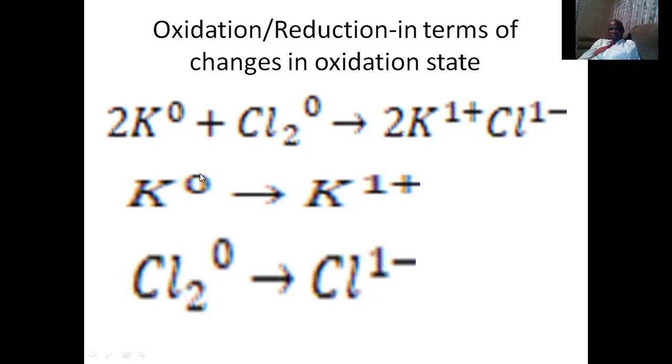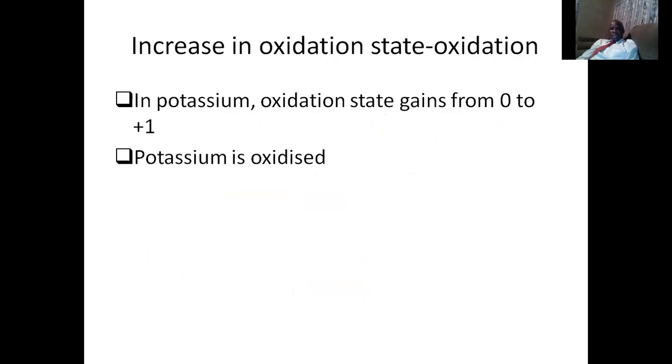And so the increase in the oxidation state is known as oxidation. Therefore, potassium here has been oxidized, or it has undergone oxidation reaction, because its oxidation state has increased, while chlorine has been reduced because its oxidation state has reduced from 0 to -1. So the increase in oxidation state is known as oxidation, as I stated earlier on, while the reduction in the oxidation state is known as reduction.